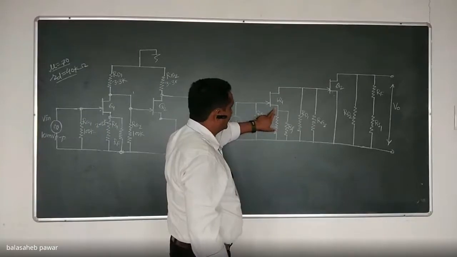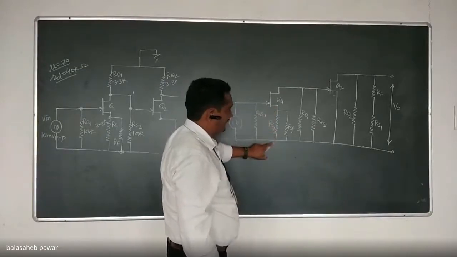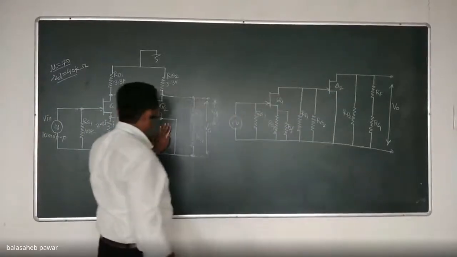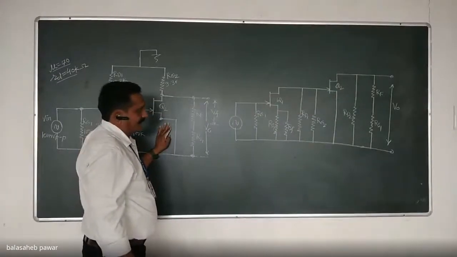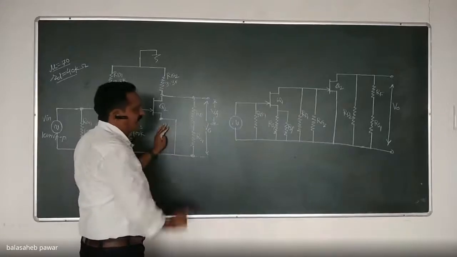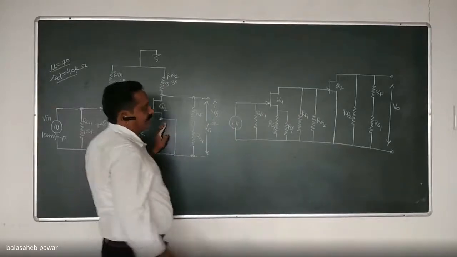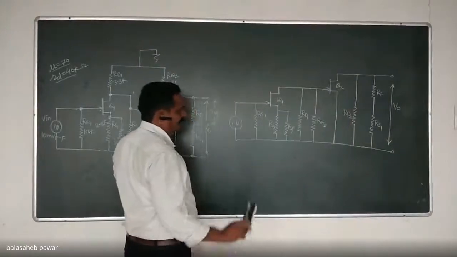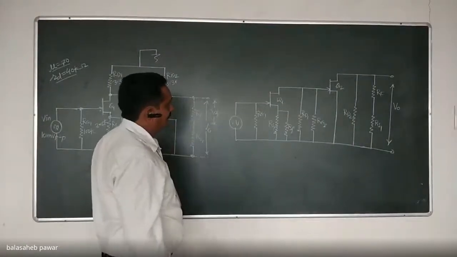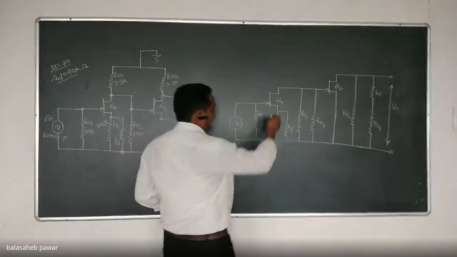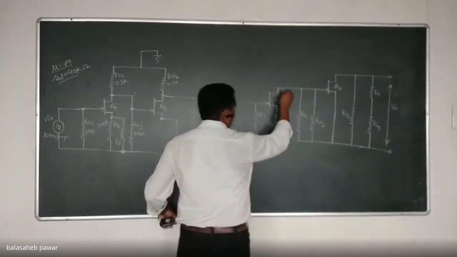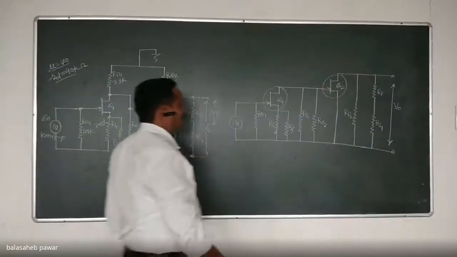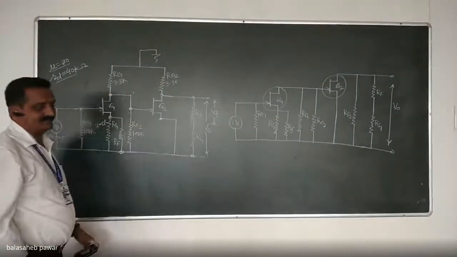The source terminal of the first transistor will not get grounded directly, while the source terminal of the second transistor is bypassed with a bypass capacitor, and when that capacitor acts as a short circuit for the AC equivalent, the source terminal of the second transistor is directly shown grounded. Okay. Now, as per our steps, we have to replace all the active elements by their AC equivalent model. That means transistors Q1 and Q2 we have to replace by their AC equivalent model.